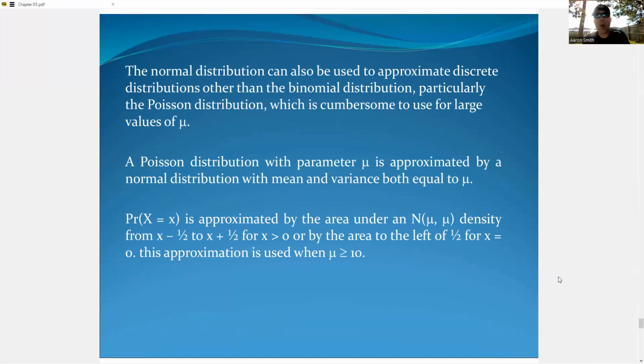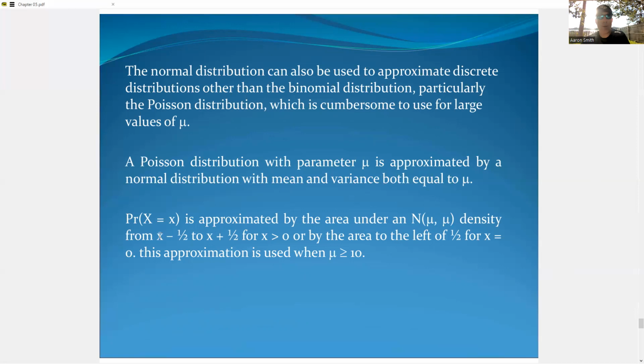The normal distribution can also be used to approximate discrete distributions other than the binomial, particularly the Poisson distribution, which is cumbersome to use for large values of mu. A Poisson distribution with parameter mu is approximated by a normal distribution with mean and variance both equal to mu.